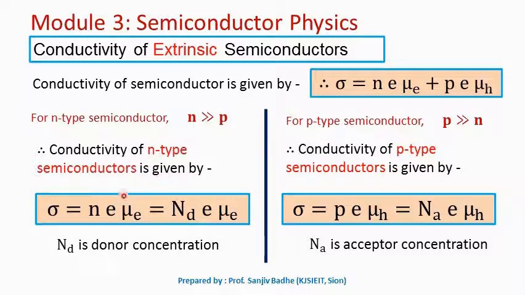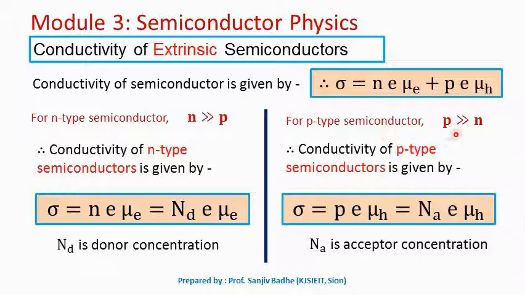And for n-type semiconductor, we can write conductivity as neμe, that is equal to Nd e μe, where Nd is donor concentration, that is number of donor atoms per unit volume. The electron concentration in conduction band will be equal to this donor concentration, and therefore conductivity can be written as Nd e μe in case of n-type semiconductor.